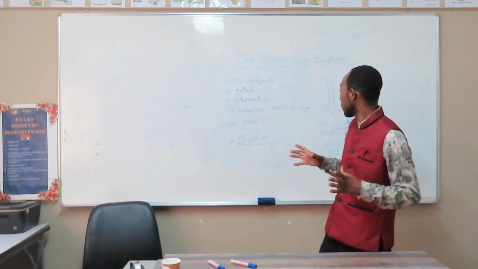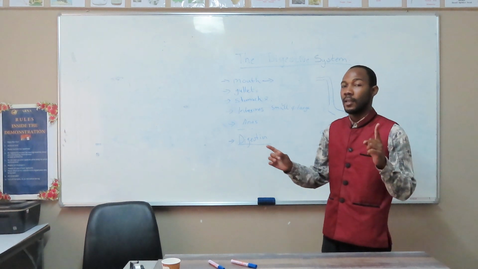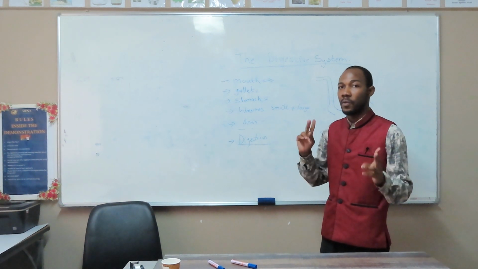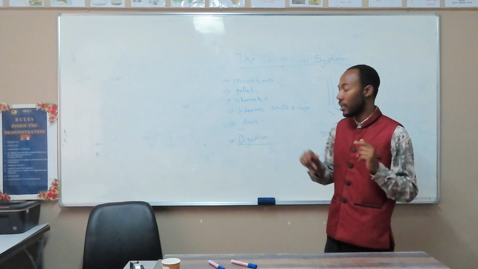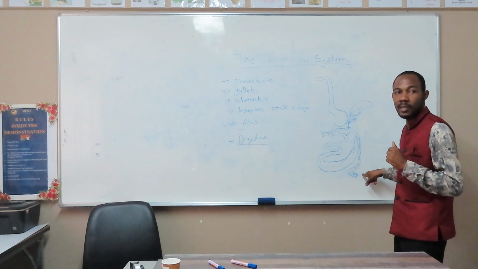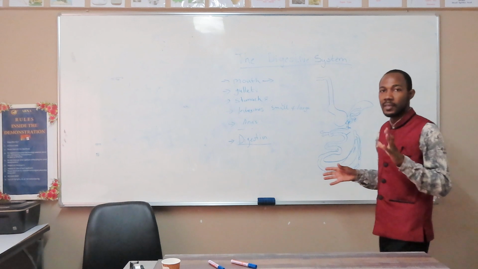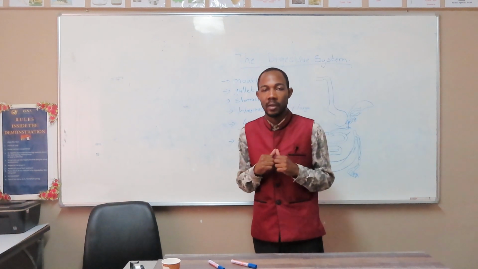So when this juice is secreted, don't confuse the words secretion and excretion. There are two different words. Excretion happens when the waste is being transferred outside the body, like the food is being passed out of the body. Secretion only happens within the body.